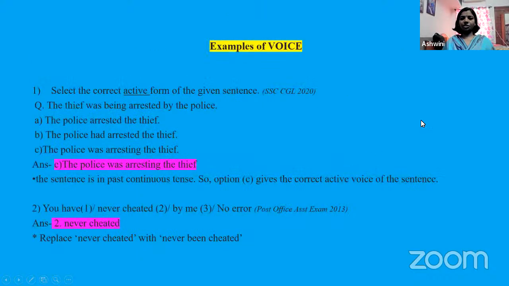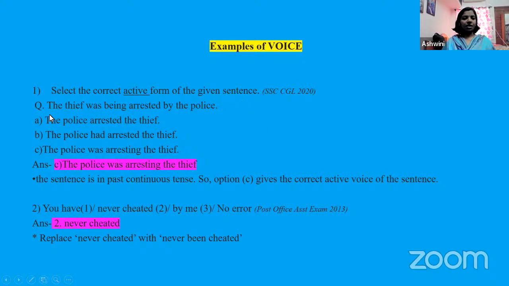And what type of question do they ask you in a competitive exam under the heading of this voice? Select the correct active form of the given sentence. This question was asked in SSC CGL examination 2022. Recently पूछा गया है question ये about the voice, that select the correct active form of the given sentence.